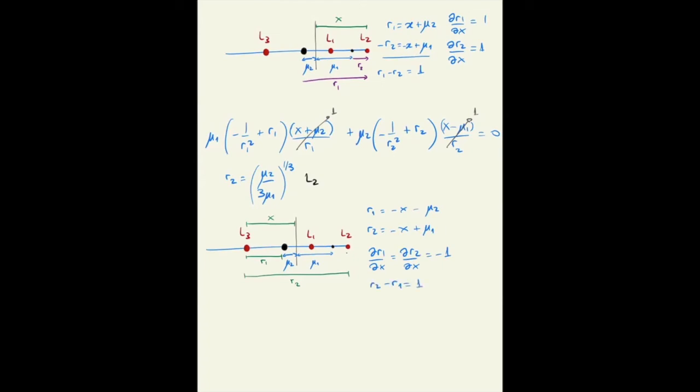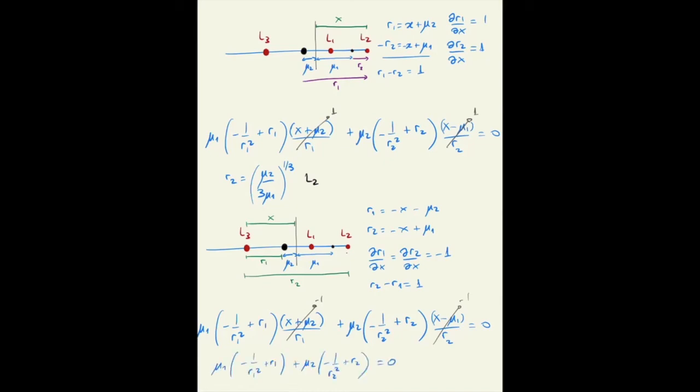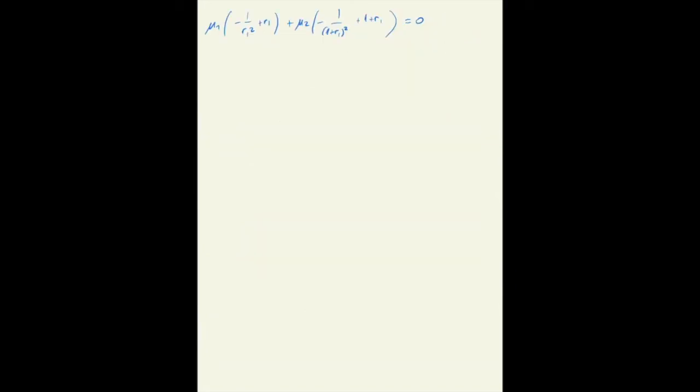So let's go back to the equation. x plus mu2 is equal to minus R1, so this term gives you minus 1. And x minus mu1 is also equal to minus R2, so that gives you minus 1. So the equation that you have is the same as before. Now let's use the fact that R2 minus R1 is equal to 1, and substitute R2 equal to 1 plus R1.